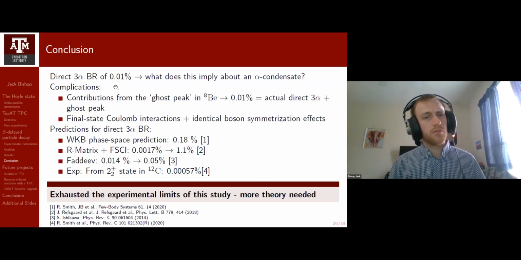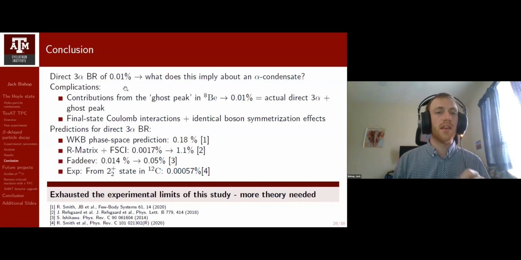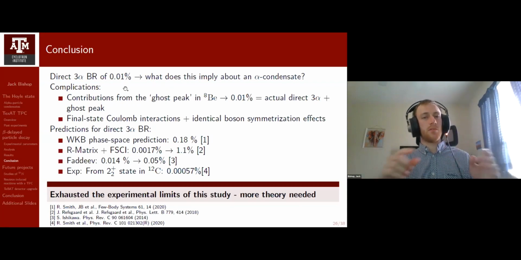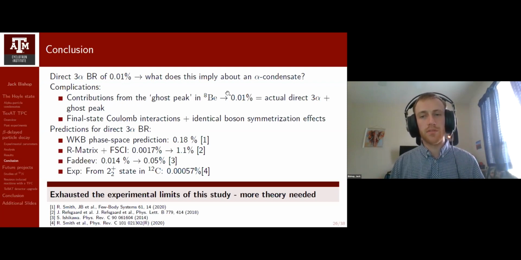Even though this can really be attributed to being part of the beryllium-8 ground state, if we see a sequential decay which goes through this so-called ghost peak, it can end up looking like a direct decay component. So in actual fact, the 0.01% is the actual direct three-alpha branching ratio plus these contributions from the ghost peak. So the actual value is going to be smaller than that.